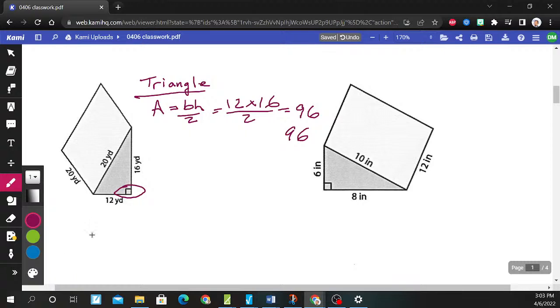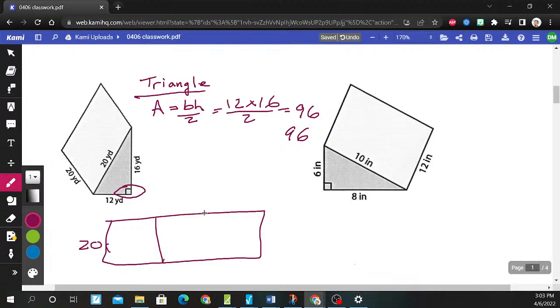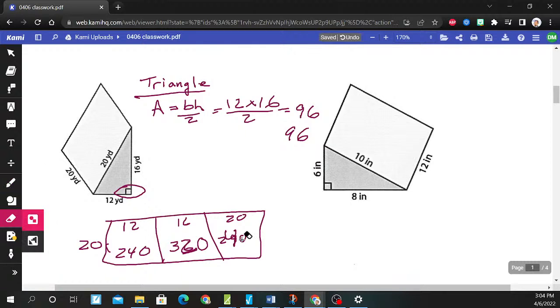And then we need our lateral surface area. The distance from the front triangle to the back triangle is 20 yards. So then we have 12, 16, and 20, giving us 240, 320, and then 400. What am I thinking? I'm tired.